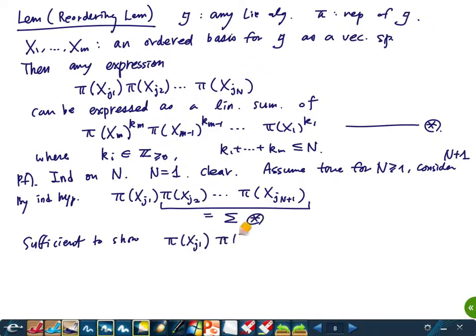This is a sum of things in star. Then in this sum, we can work with every term, and every term will be expressed as a sum of these stars. So at the end, everything is a sum of stars.